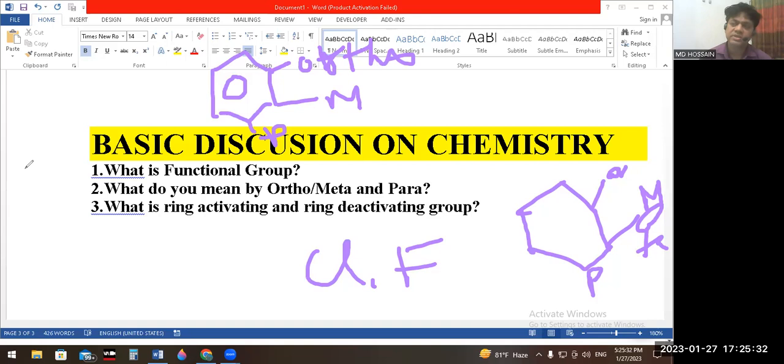But there are some species which are also connected at the ortho and para positions, but they are not ring activators. They are ring deactivators. Why? Because they are highly electronegative. As a result, they pull electrons from the benzene ring towards themselves. As a result, they deactivate the ring.